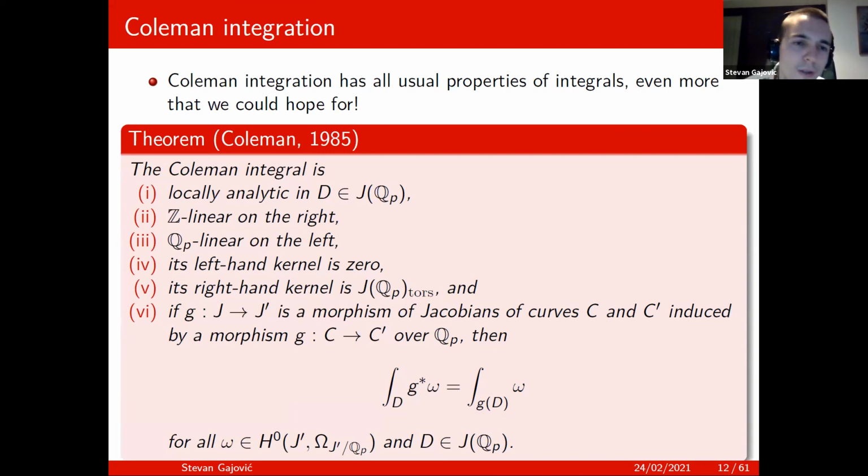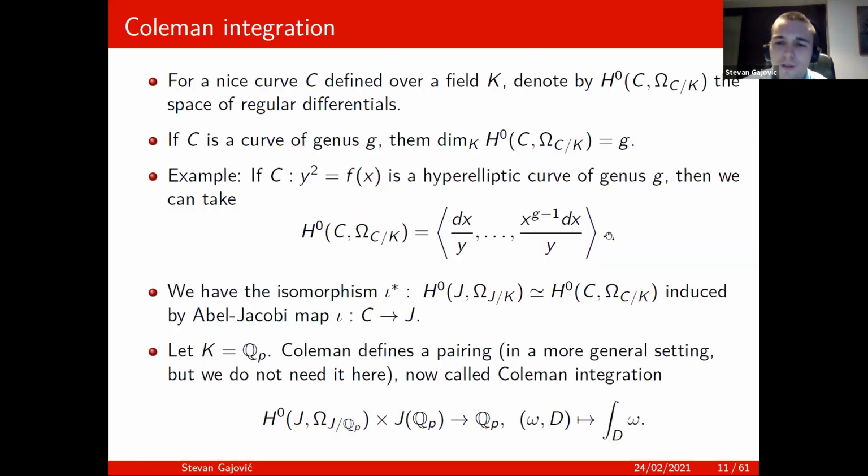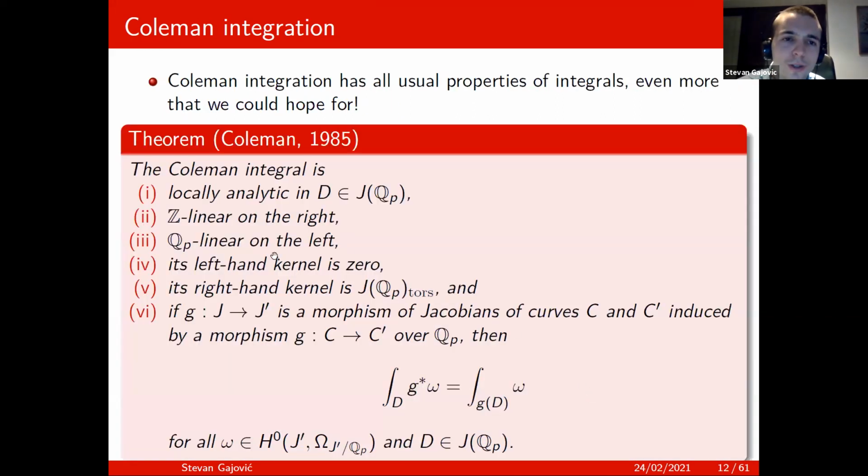The first one, and the most important for applications in computing rational points, is that this integral is locally analytic, meaning that we can expand it, using coordinates at points, as a converging power series over p-adic numbers. And converging power series over p-adic numbers have many nice properties. That is one of the most important properties of this integral.